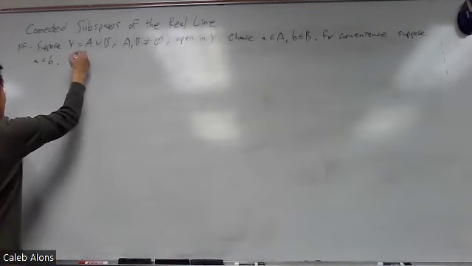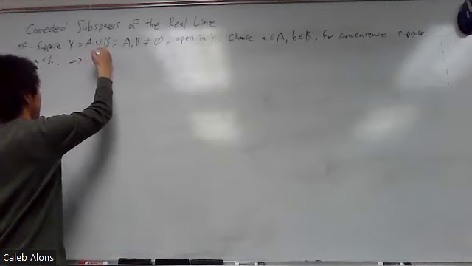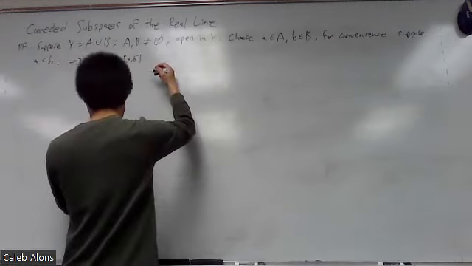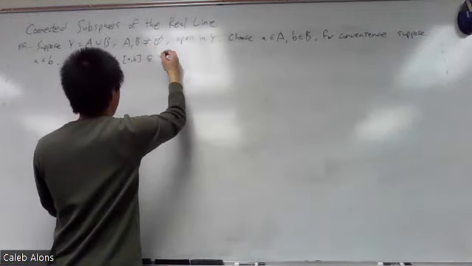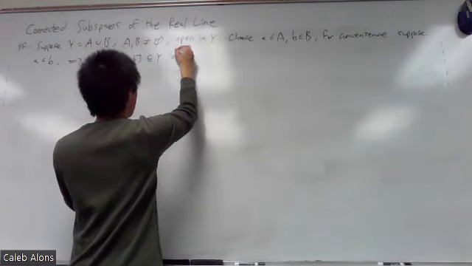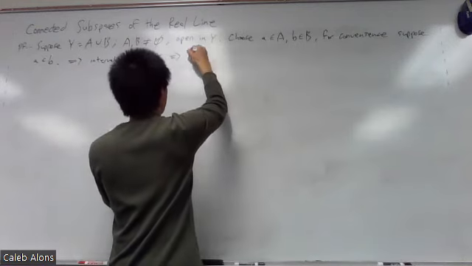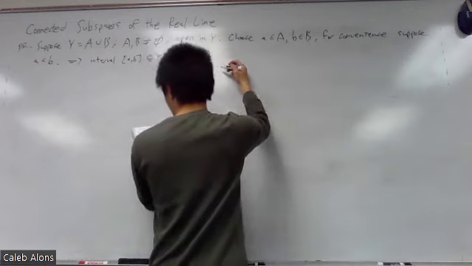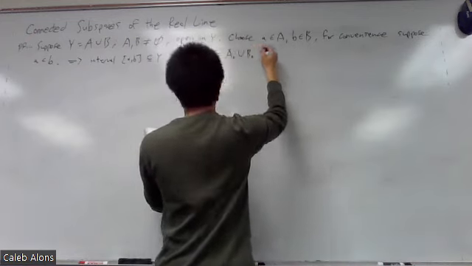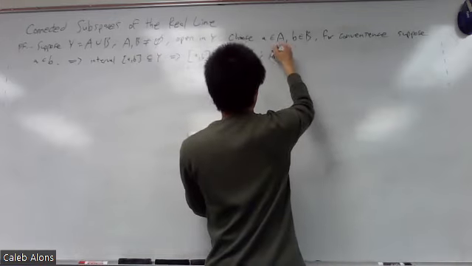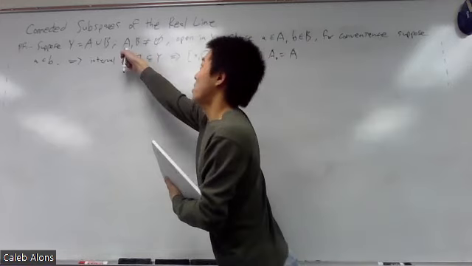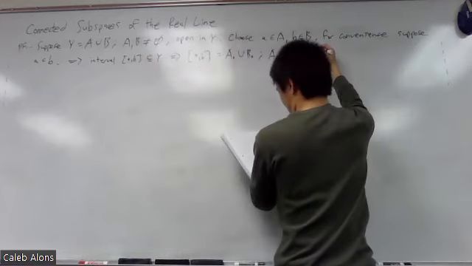So that's going to tell us that the interval from A to B, because A is less than B, is now a subset of Y. And in that case, the closed interval from A to B can then be described as some union of A naught and B naught, where A naught is intersecting the part of the separation A with the interval.